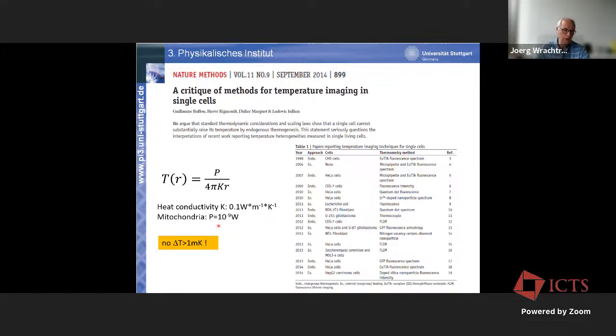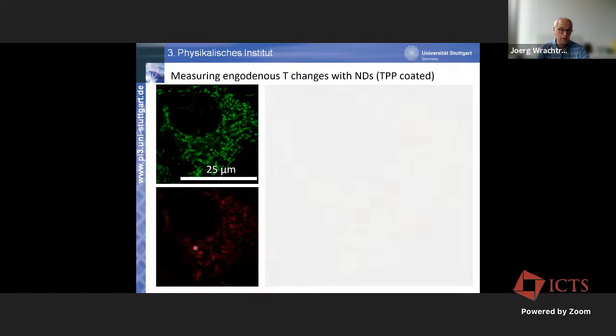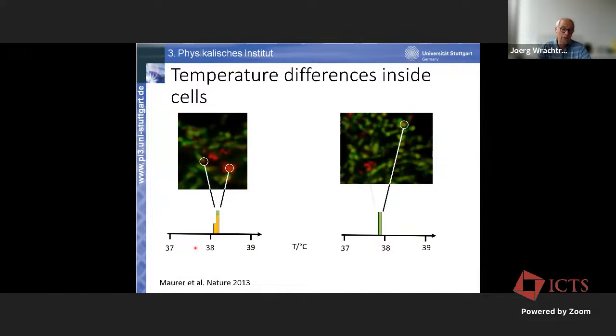And you can go through the numbers, and if you do this, you come up with the conclusion that if thermodynamics is right and your understanding of the structure of the cell is right, you would not expect any temperature difference larger than 1 millikelvin. And this is exactly essentially what we are measuring.